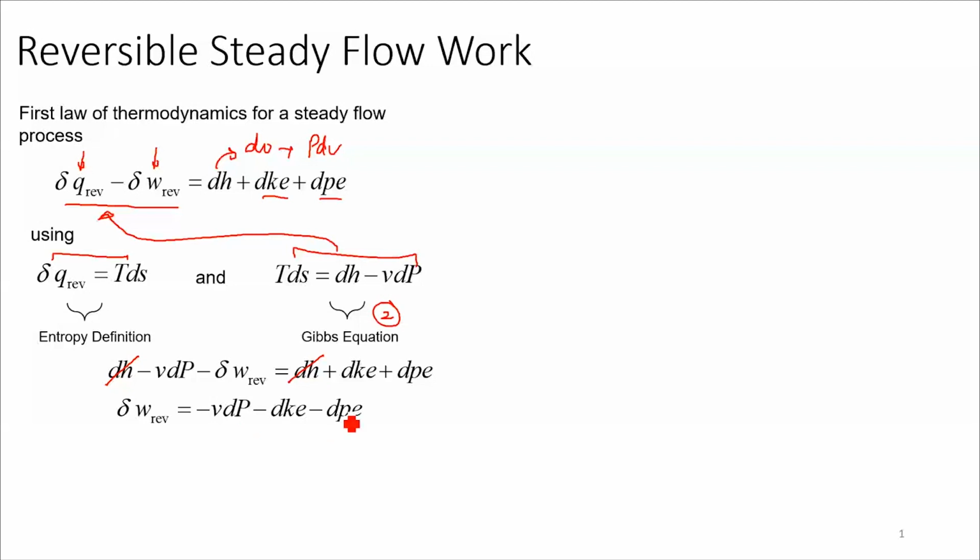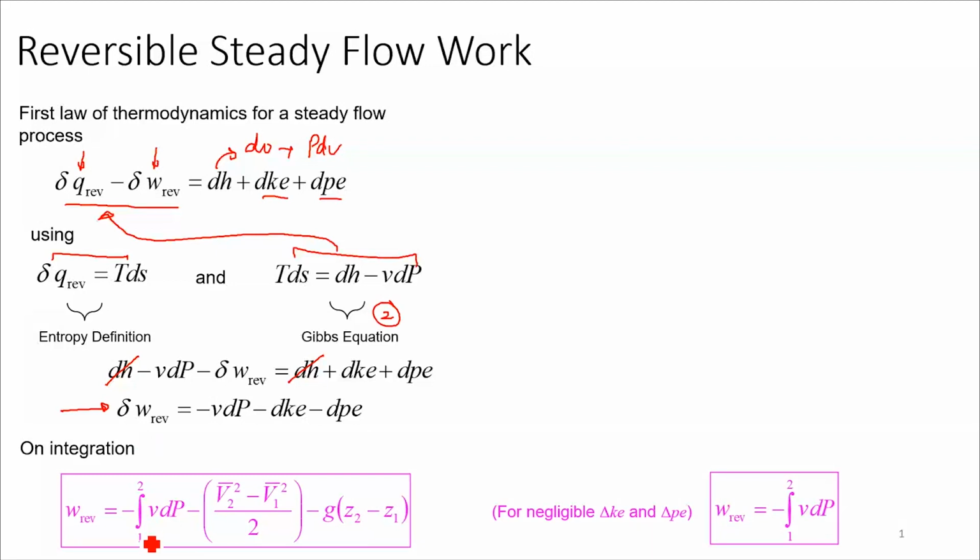And when you need to find the steady flow work, you'll have to integrate this between the two states, 1 to 2, integral VdP. VdP basically defines the path. The kinetic energy change and the potential energy change.